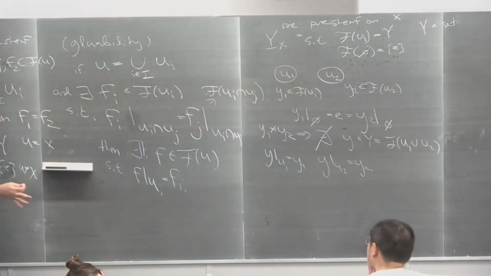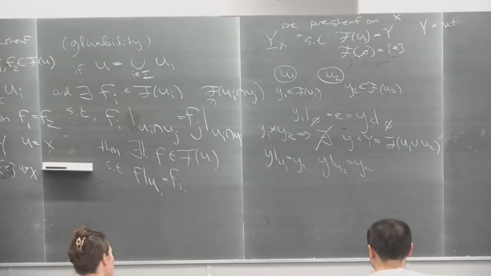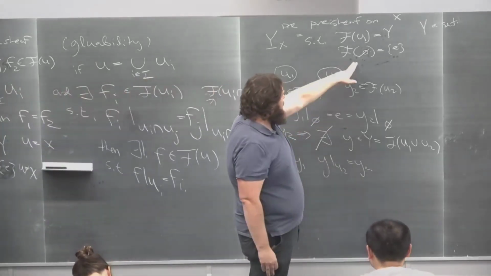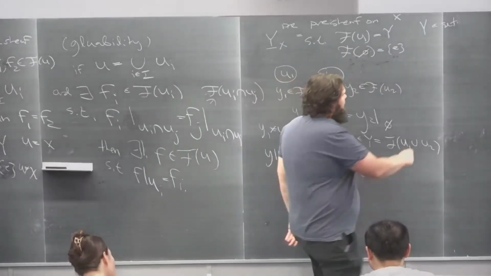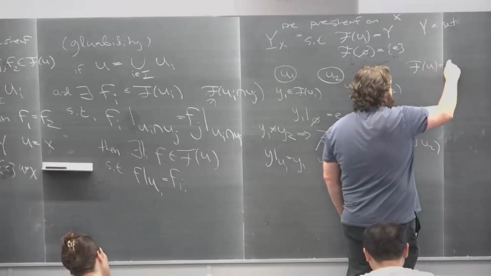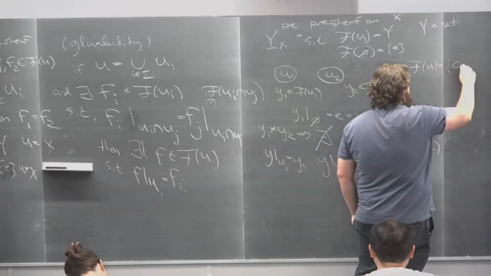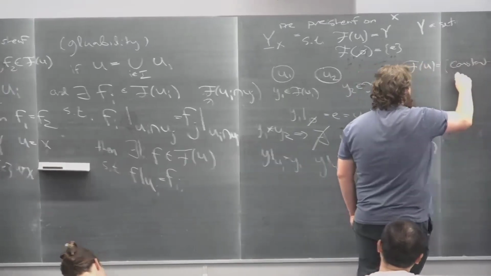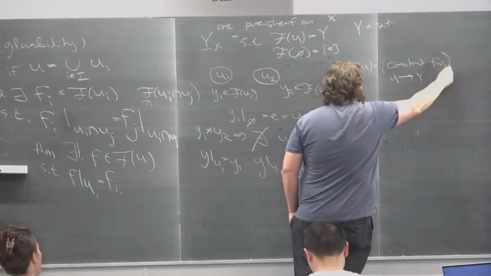The point is just constant functions don't glue, because they can have different constant values on two disjoint open subsets. Right, this might look a little strange when I write it this way. I probably should have written F of U equals constant functions from U to Y.